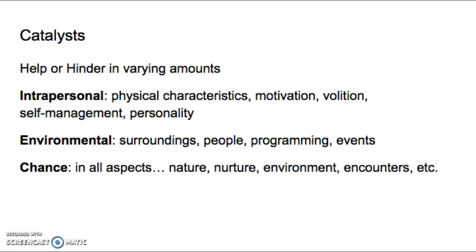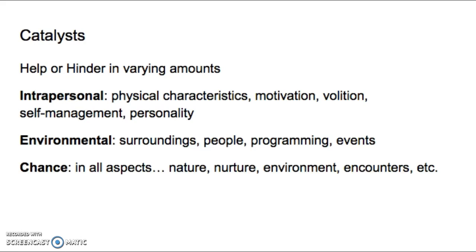Environment is the second piece of the second catalyst, and that would be whether a student lives in a suburban or urban setting where they may have more resources, for example, in their school.